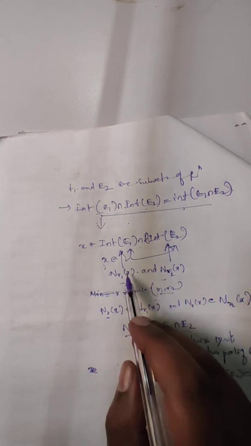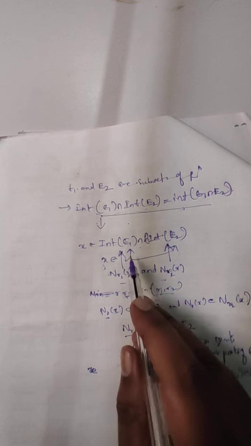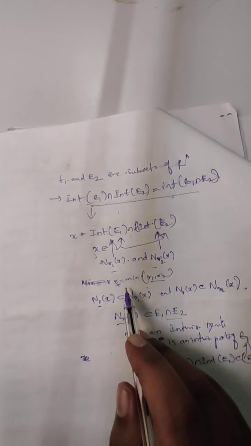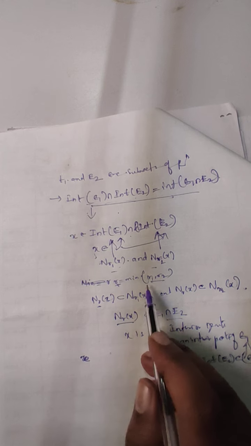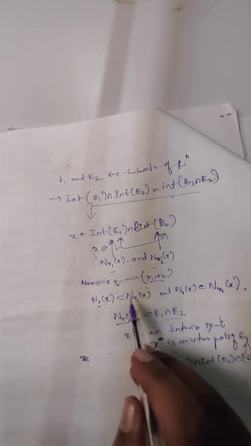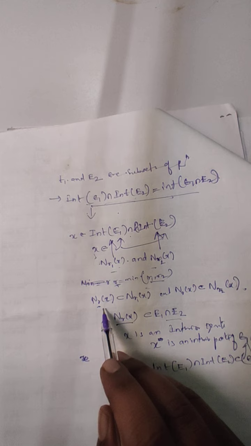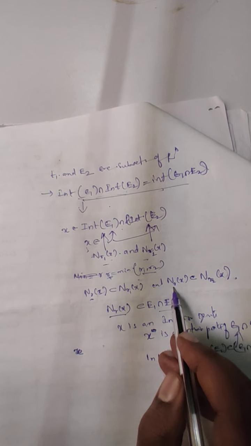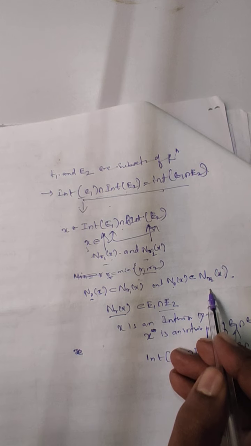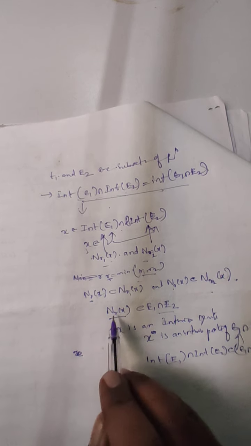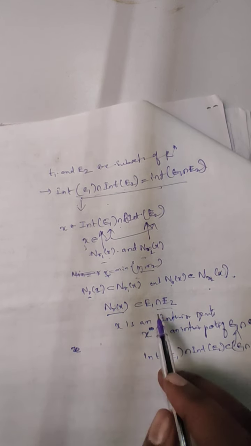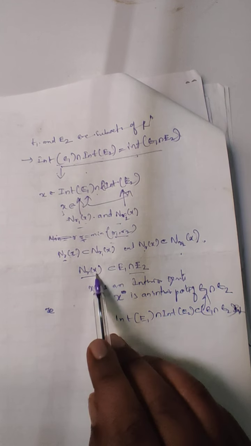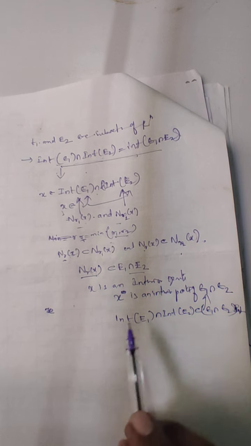Then N_r1(x) is a subset of E1 and N_r2(x) is a subset of E2. Now we consider another radius with the minimum of these two radii r1 and r2. Then this minimum radius neighborhood N_r(x) is a subset of both, and from that we can conclude that N_r(x) is a subset of E1 intersection E2. From there we get that x is an interior point.